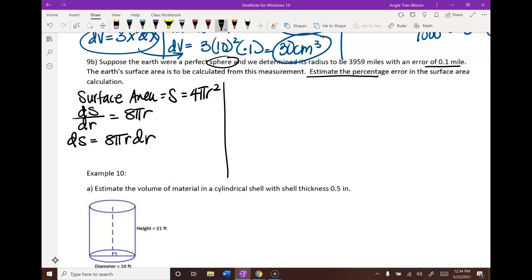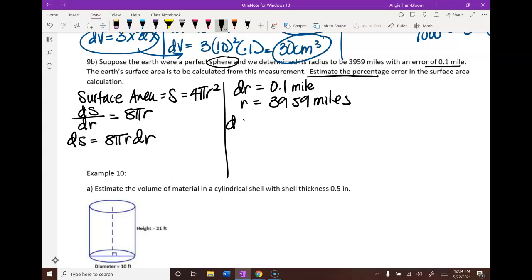It says we have an error of 0.1 of a mile. So dr is the change in the radius, and the radius is going to be 3959 miles.